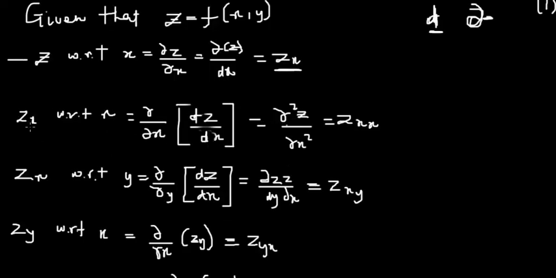Once you want to differentiate zx with respect to x, this is how you represent it. The partial derivative divided by the partial derivative of x, and then you open brackets, with the derivative of z divided by the derivative of x. Then you just multiply them, and we have the partial derivative squared of z divided by the partial derivative of x squared.